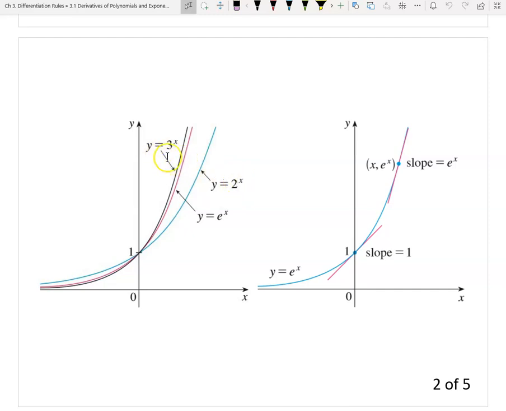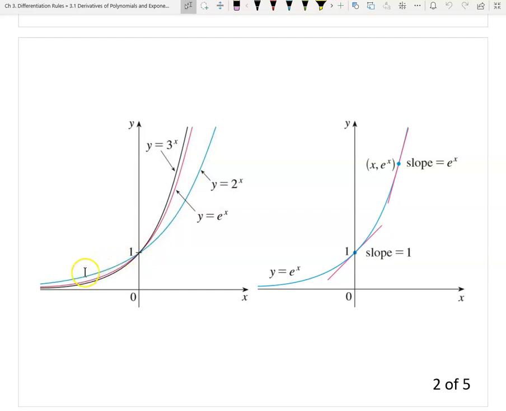The black one is y equals 3 raised to the x power. So can you see the bases are different? Of course the curves are different, right? And 3 raised to the x rises to infinity much faster than y equals 2 raised to the x power. Let's look at the derivative at x equals 0.